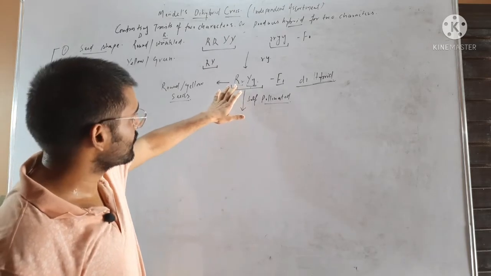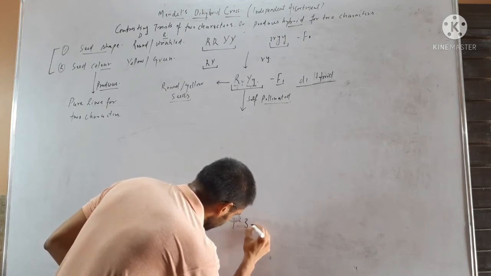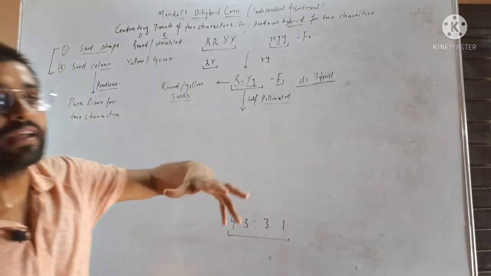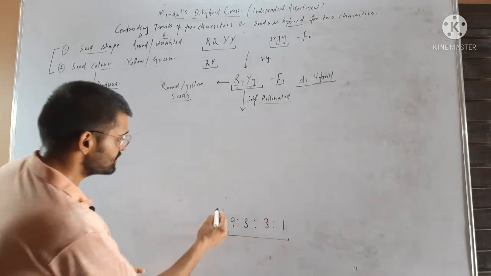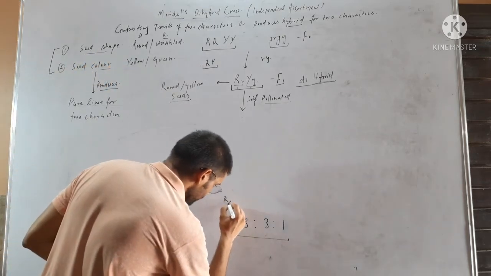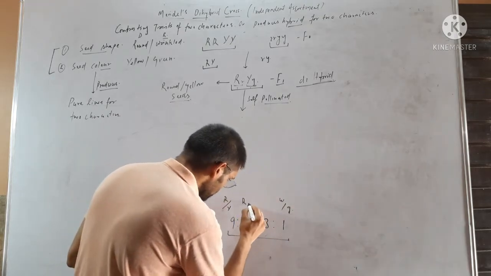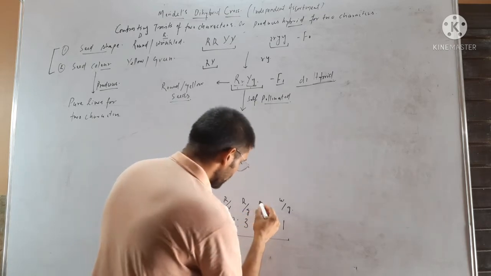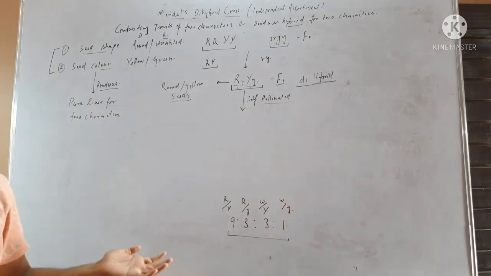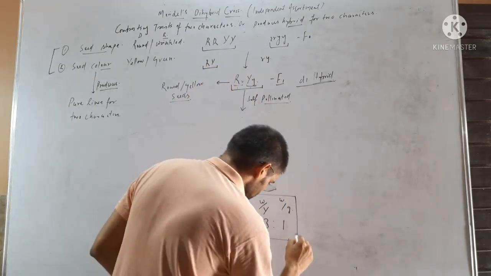After selfing, he got a ratio of 9:3:3:1. When seeds were produced, 9 seeds were round and yellow, 1 was wrinkled and green, 3 were round and green, and another 3 were wrinkled and yellow. So he got this ratio when he selfed F1.